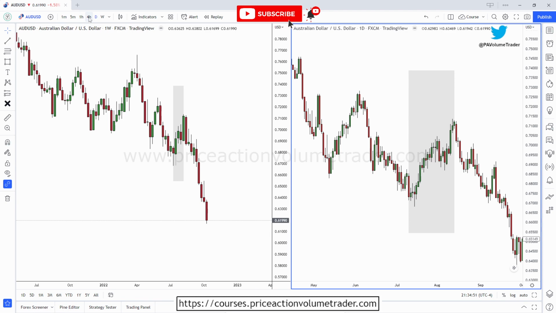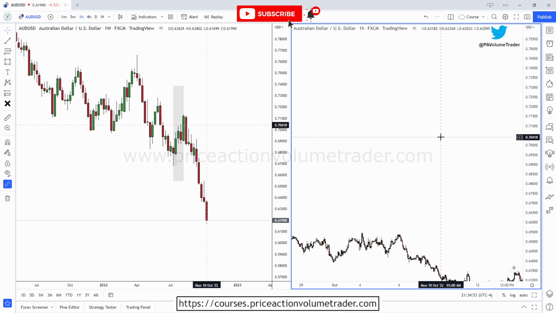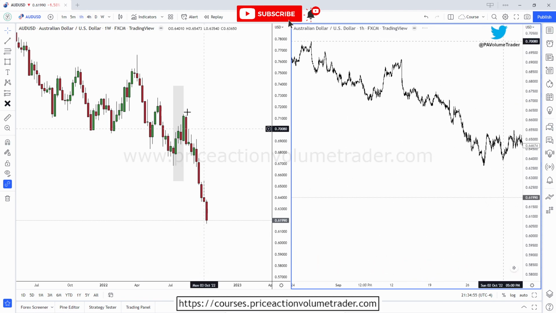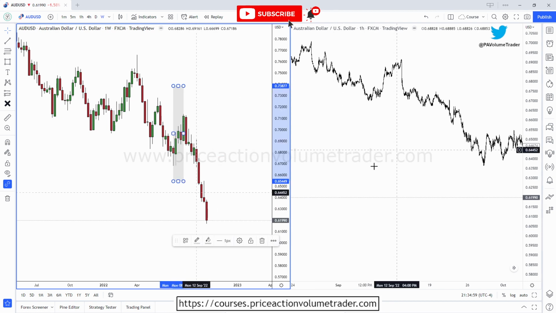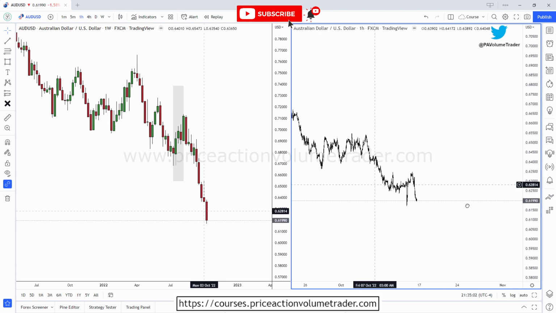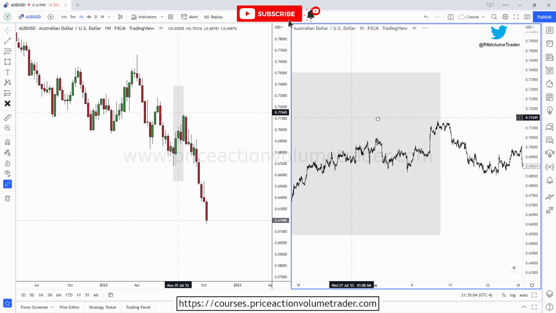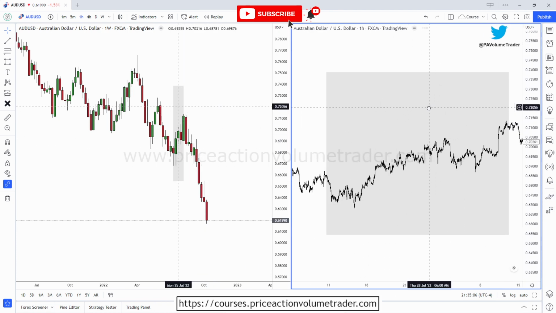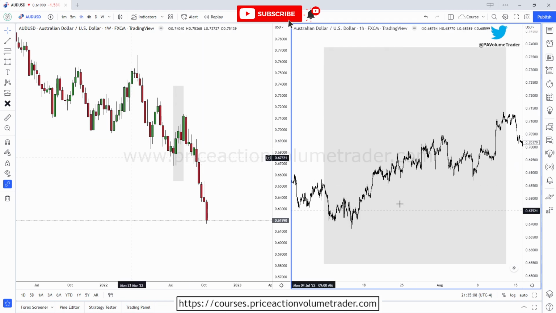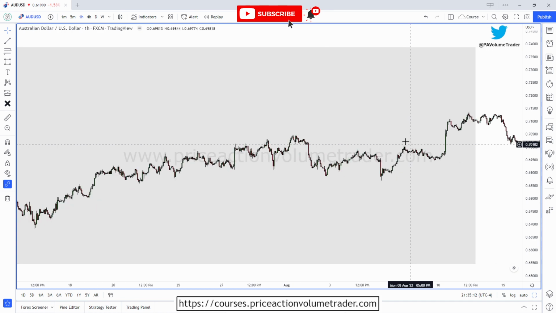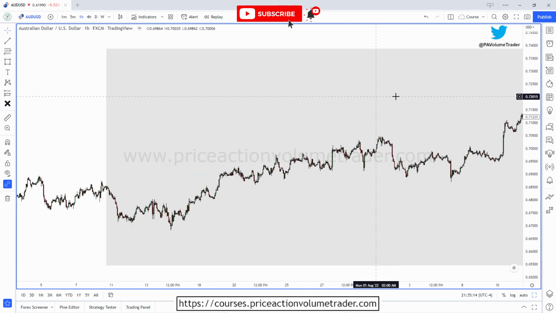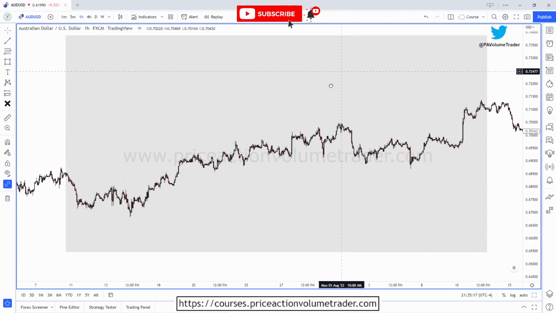If I go into an hourly chart, and let me just mark this off in the hourly time frame, and I go back, you can see right here, this whole gray box, and let me make this screen bigger. This whole gray box is that retracement on the weekly chart.